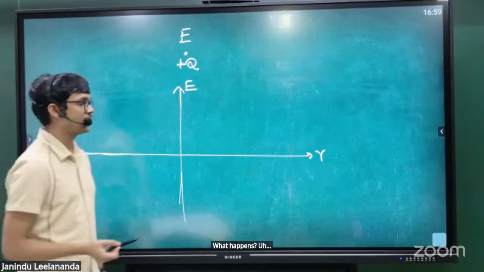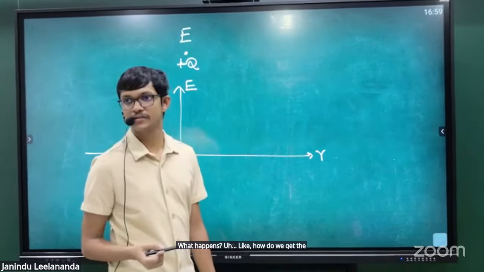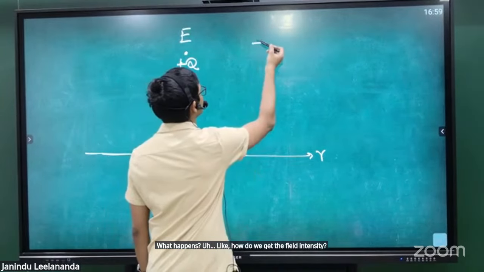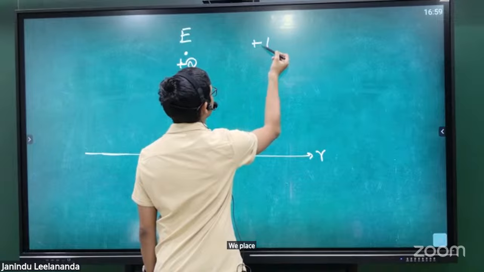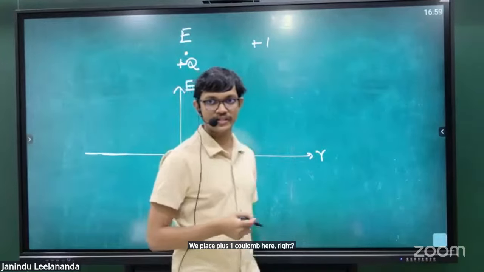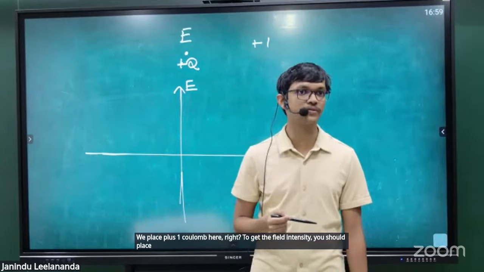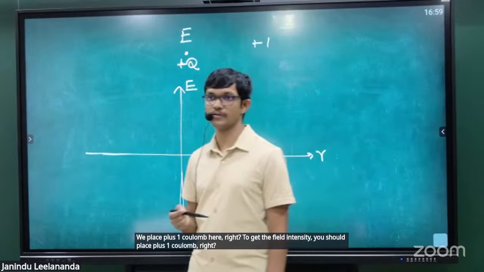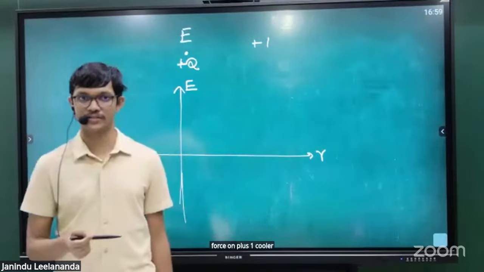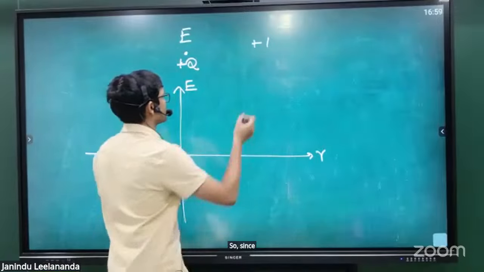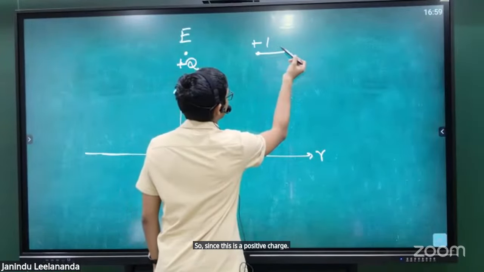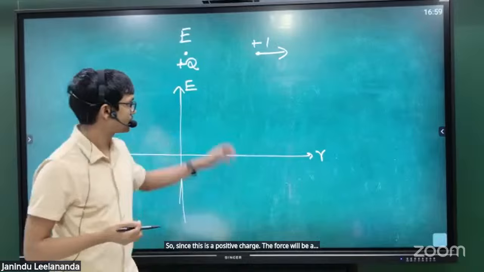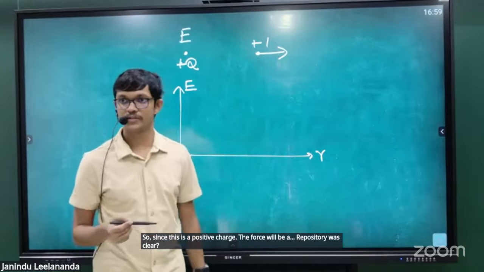How do we get the field intensity? We place +1 coulomb here. To get the field intensity, you should place +1 coulomb. The force on plus 1 coulomb is the field intensity. Since this is a positive charge, the force will be a repulsive force. Then what is the value?